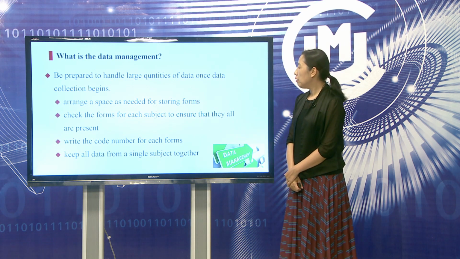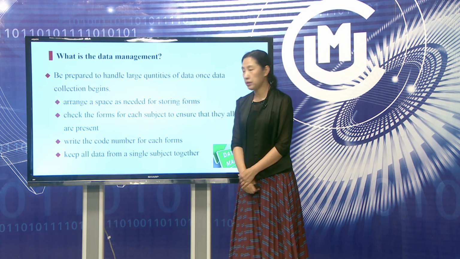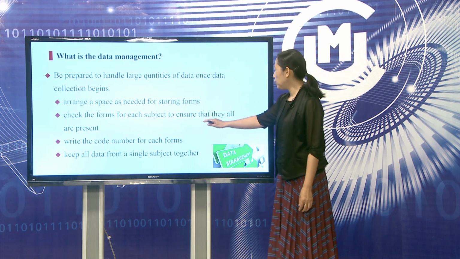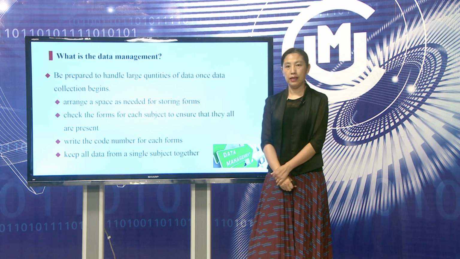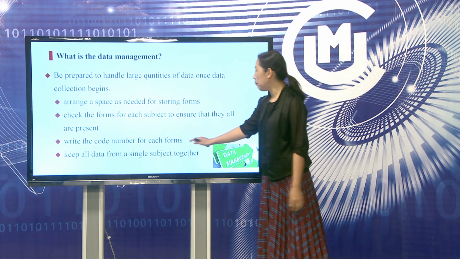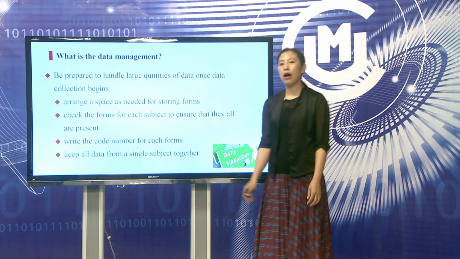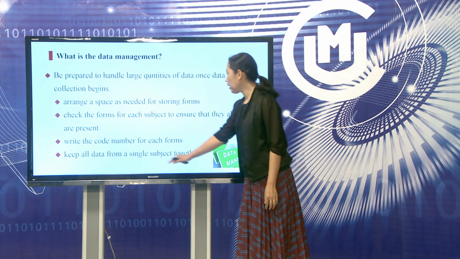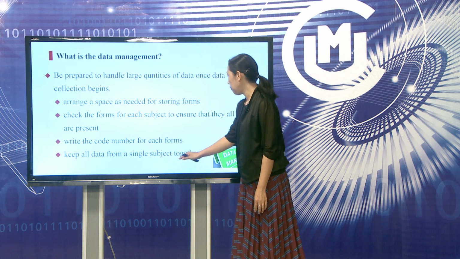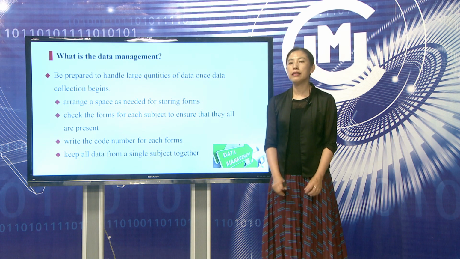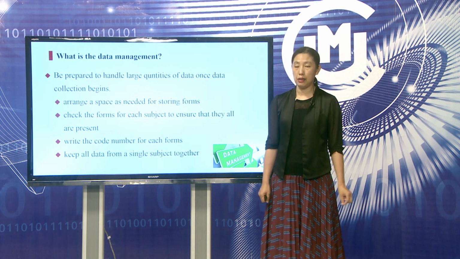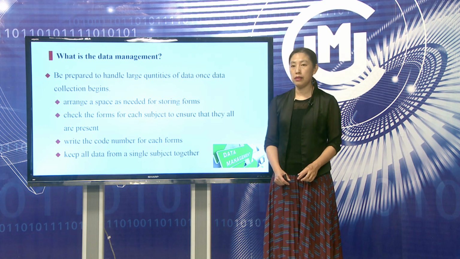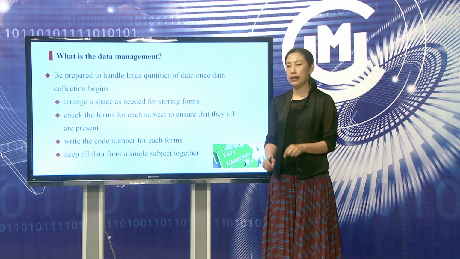When you get these questionnaire forms, you need to check the forms for each subject to ensure that they are all present, and then you write the code number on each form. Otherwise, you will lose the forms. Then you keep all data from a single subject together. You cannot separate the forms from a single subject. Keep all forms of one subject together and move them as a subject.